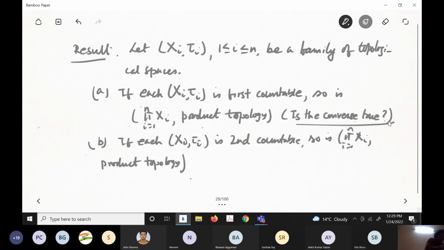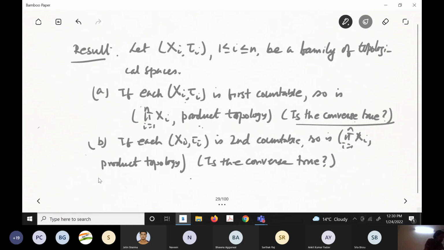Here again you can ask this question. Remember, if you want to prove it, you have to go through only projections. Projection is good: it is not only continuous but open. Does it help to prove that if this is first countable, then this is also first countable? Similarly, basically the same technique of proof will work here.